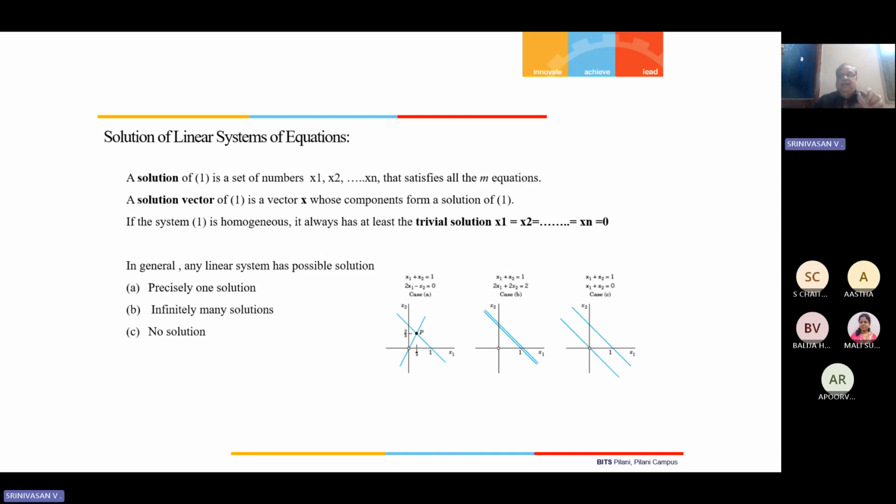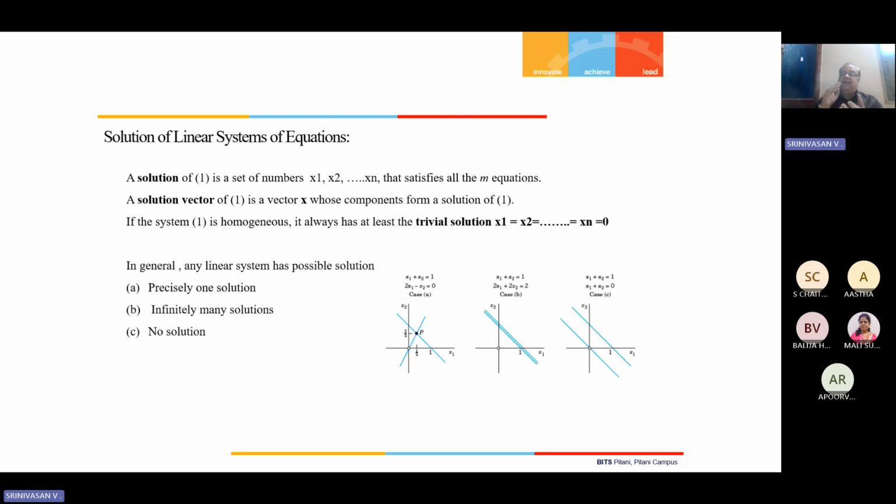Now again, rank of A equals rank of AB, the system is consistent and has a solution, but the rank is less than n. For example, you are considering a system of three linear equations, and you find the rank of A equals rank of AB equals 2. The system is consistent, but the rank is less than the number of unknowns, 3.